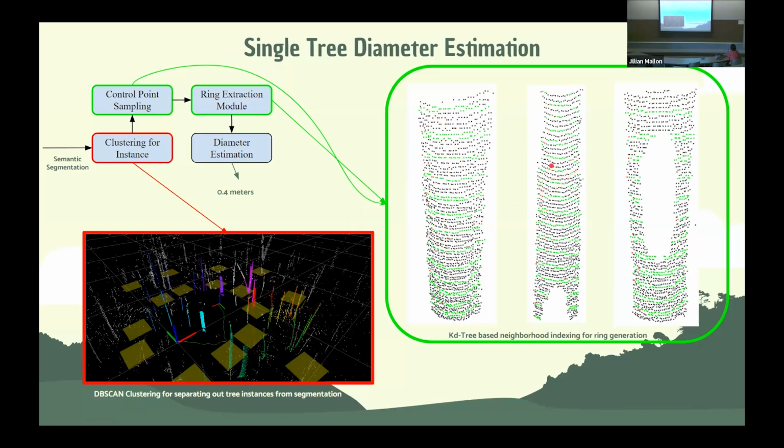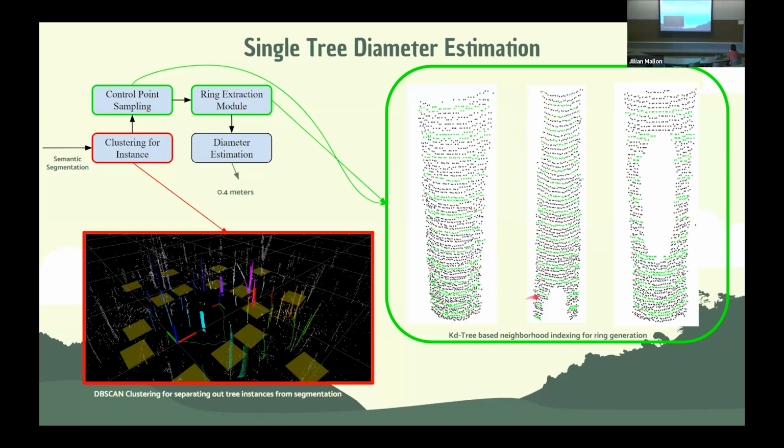Then we move into the ring extraction module, where a local ring neighborhood around these control points needs to be extracted. As the LiDAR scans the tree trunks, these rings represent the curvature information of the trees, and a diameter can be estimated from that. So I feed this into a KD tree data structure, which builds a binary search tree out of all of these points so that fast indexing can be done.